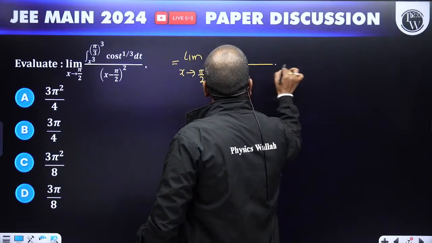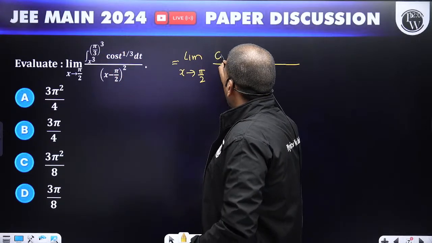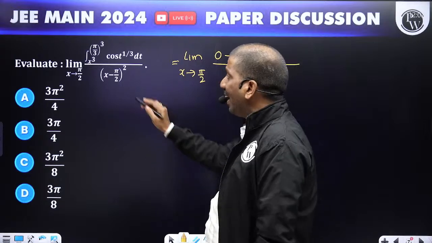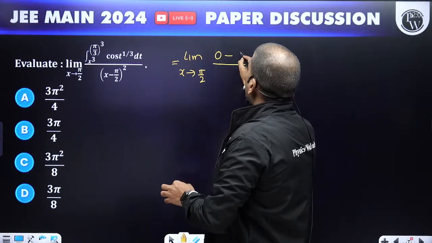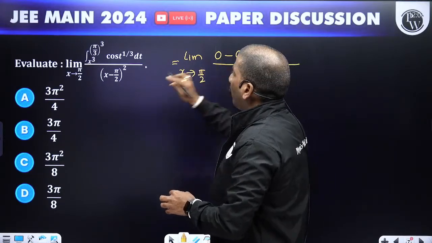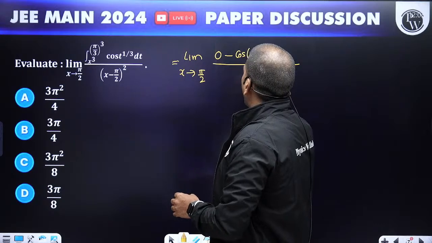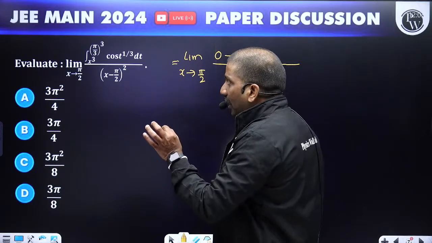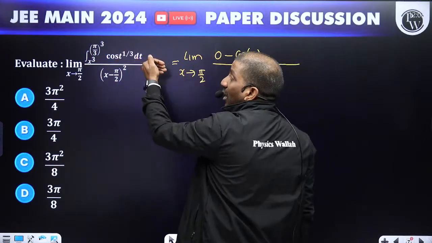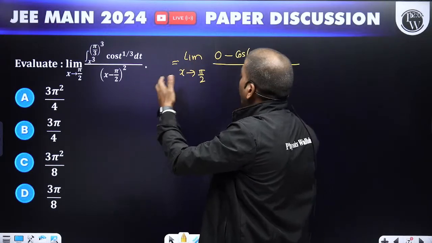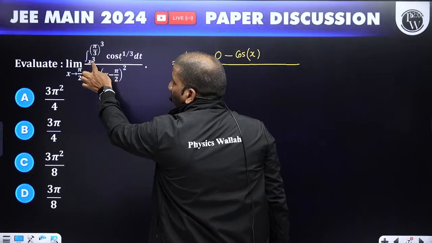So when we apply it, what do we get? The upper limit is constant, so we need to write 0. Minus, the lower limit is x cube: wherever t is present, we apply x cube.